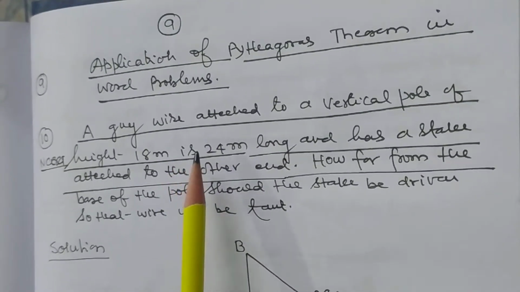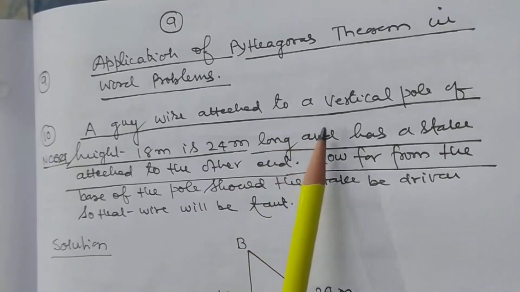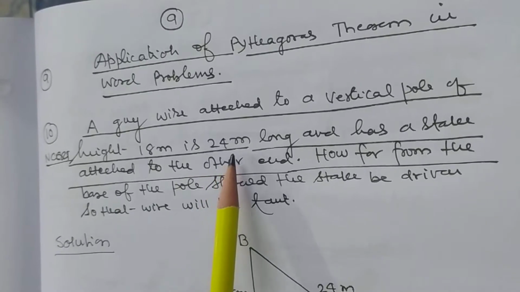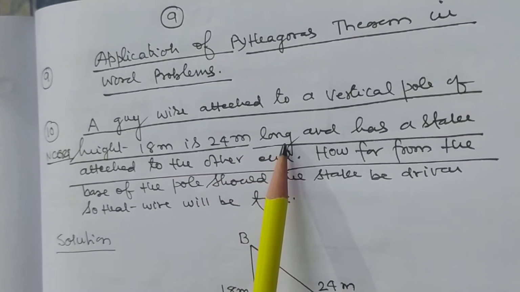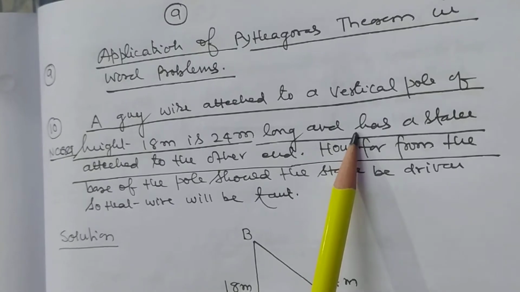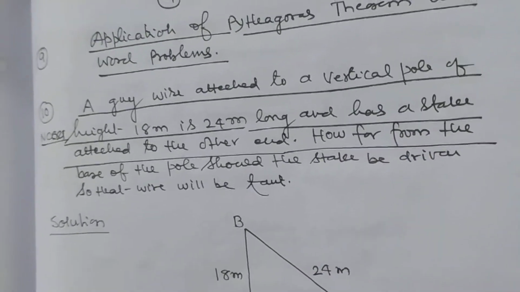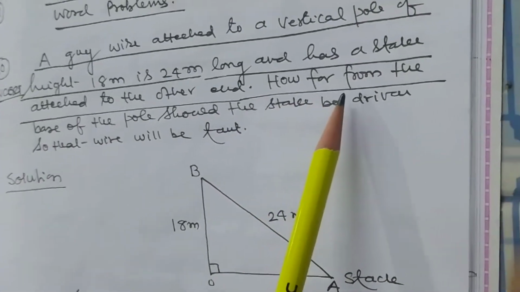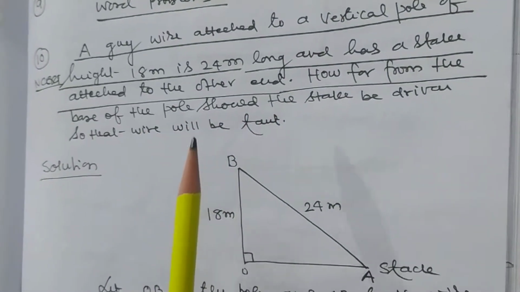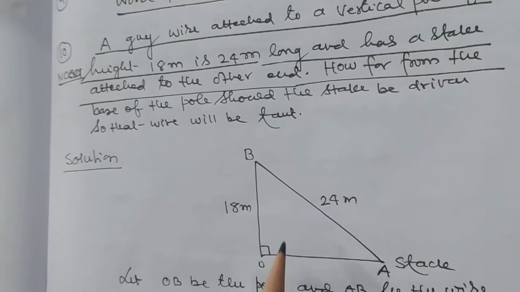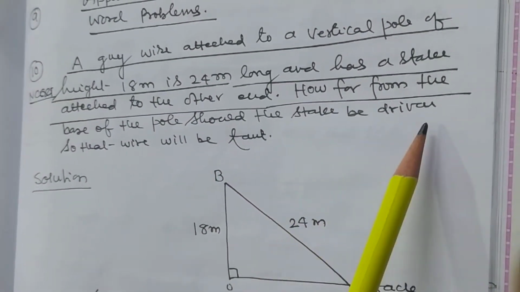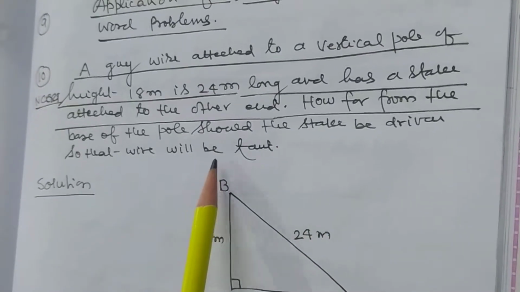A guy wire attached to a vertical pole of height 18 meter is 24 meter long and has a stake attached to the other end. How far from the base of the pole should this stake be driven so that the wire will be taut?